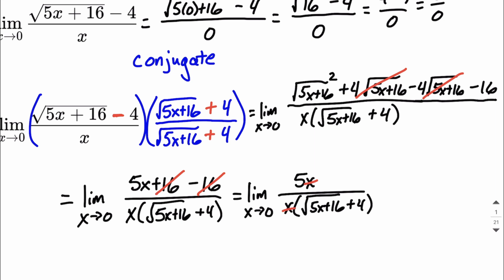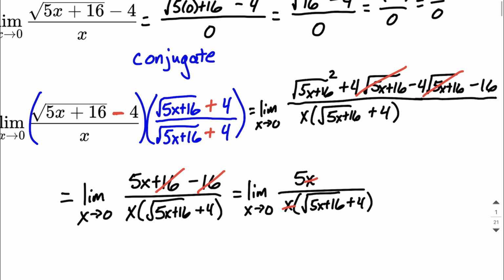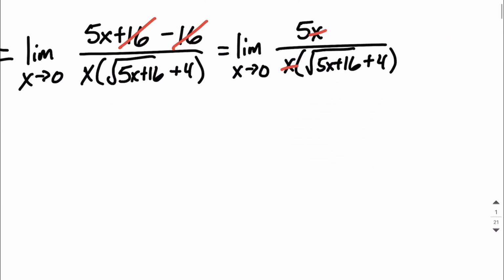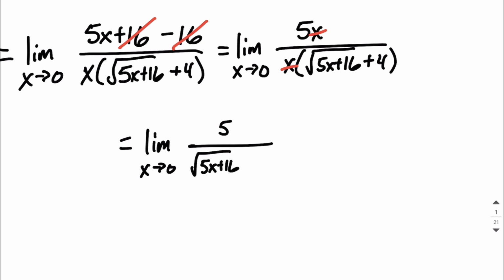So x over x will simplify, and you can say they go away, it makes a 1. What's left over besides that? Well, we still have our limit because we haven't evaluated it. As x approaches 0, we have 5 remaining in our numerator, the square root of 5x plus 16 with a plus 4 in our denominator.